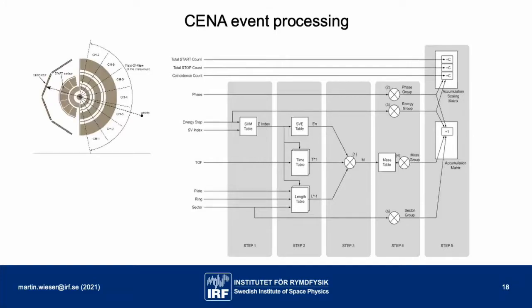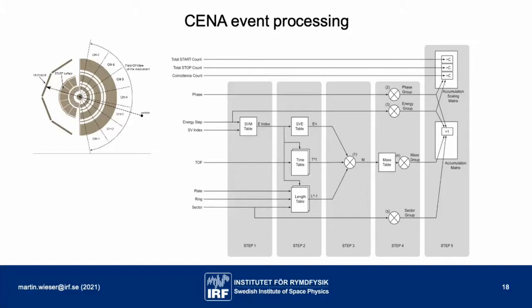After particles have been detected by the start detector, which will give an indication from what direction a particle originated, and of course also by the stop detector, giving a coincidence detection, quite a large amount of processing is needed to convert these events into something which is later downlinked.